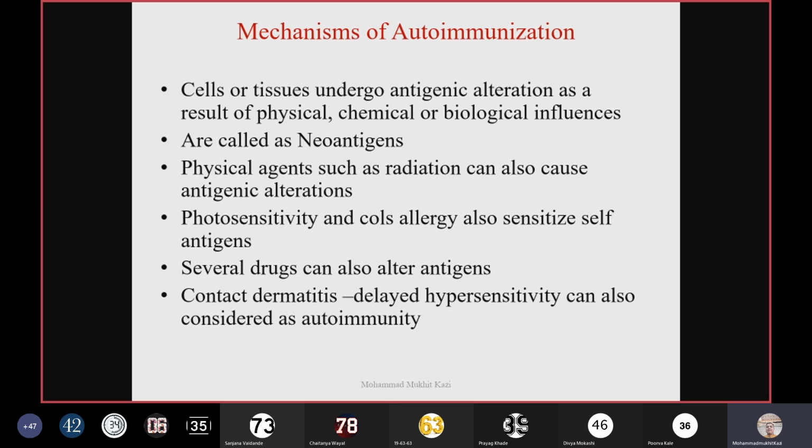And that is recognized by your immune response as a non-self antigen because it was not shown to them before. Now they have changed. They have become new antigens, and that is why the possibility of autoimmunity arises in that person. Contact dermatitis, we have seen this in allergy also, the type 4 hypersensitivity, which is a delayed type of hypersensitivity, can also be considered as autoimmunity.